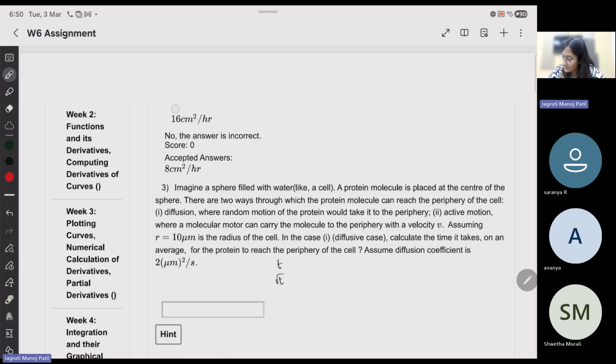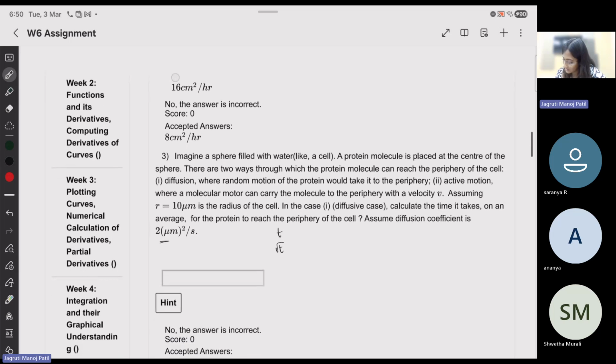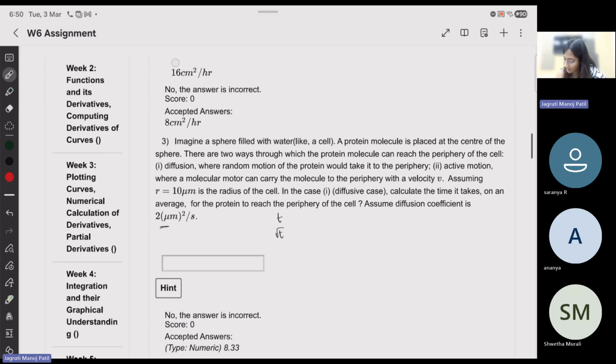Now the diffusion coefficient is given to us. Would someone like to try here? I guess you can see the answer in this case. That's 8.33 if you want to try. So we can start by writing x squared equals 2Dt, right?